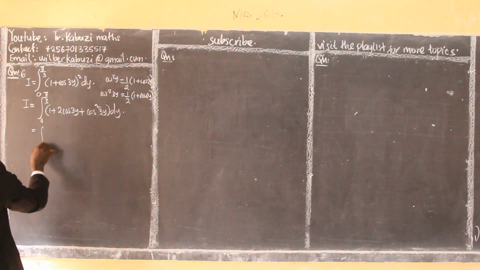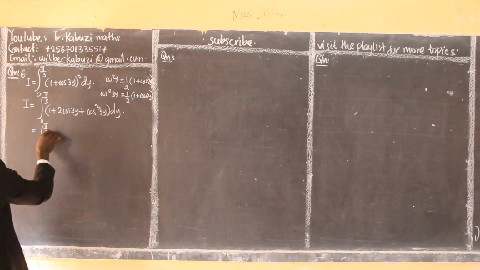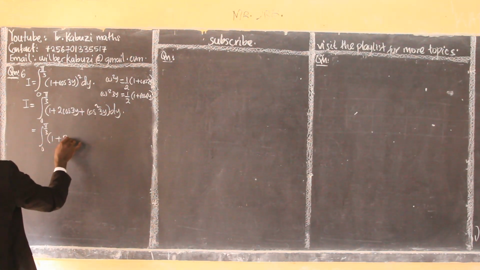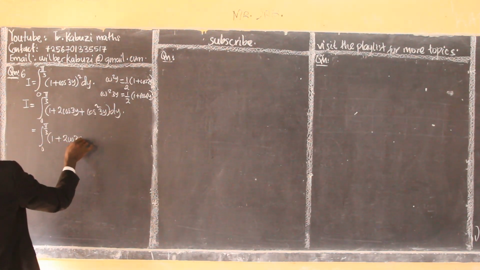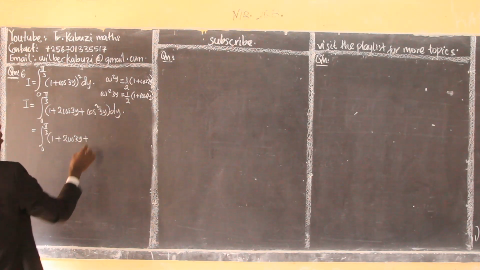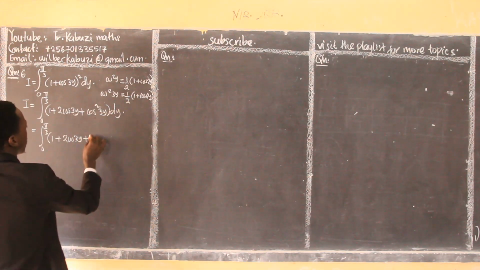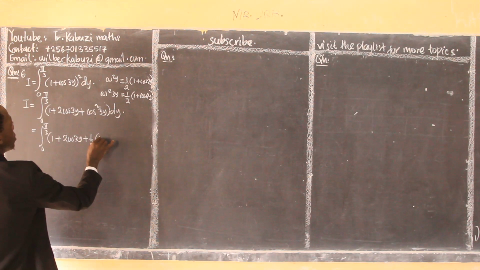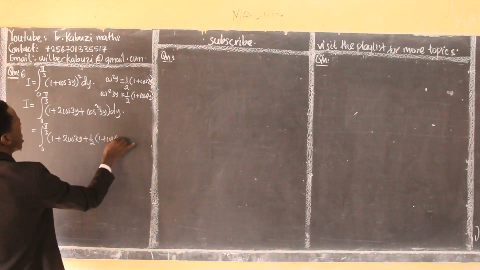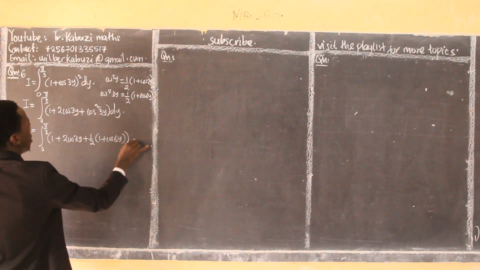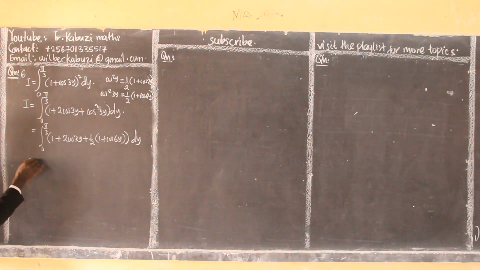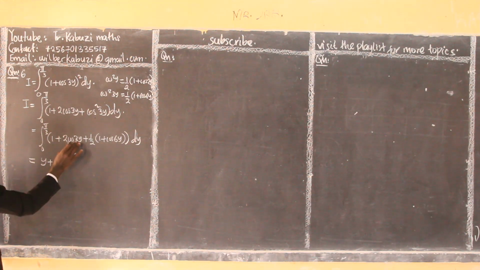So this will be the integral from 0 to pi over 3 of 1 plus, 3y, plus now I have a half into cos 6y dy. So now if you integrate, I'm getting y plus this one.